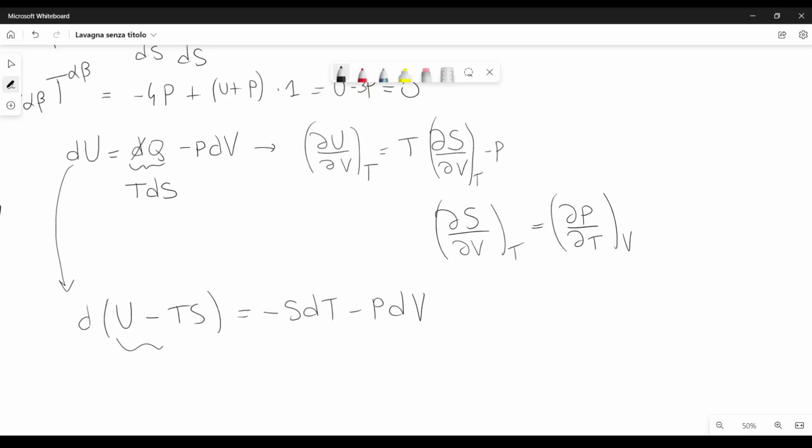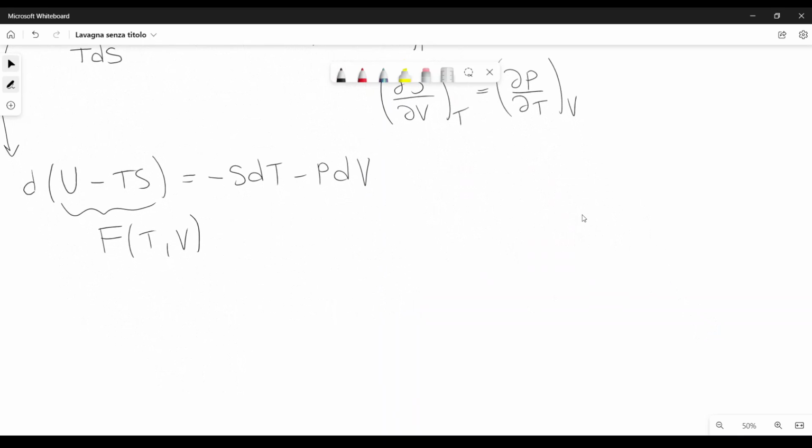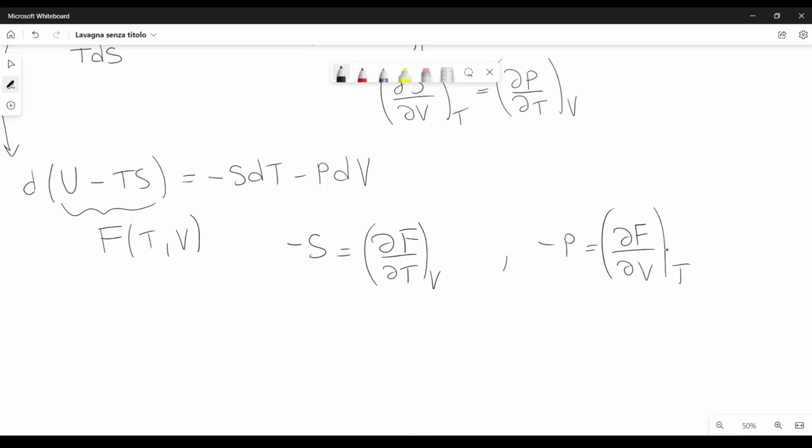But now, this function here is usually called F, and it represents the free energy. And as you can see here from these two differentials, dT and dV, this is a function of T and V. So from here, you see that minus S is equal to the derivative of F with respect to T at constant volume, and minus P is equal to the derivative of F with respect to V at constant temperature.